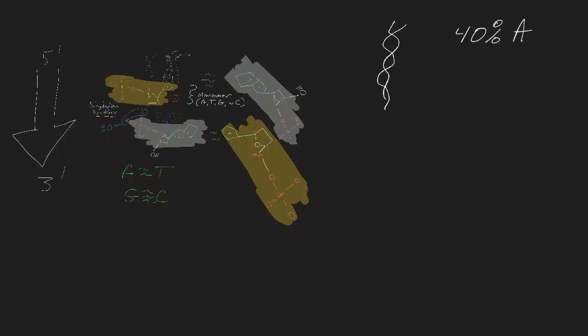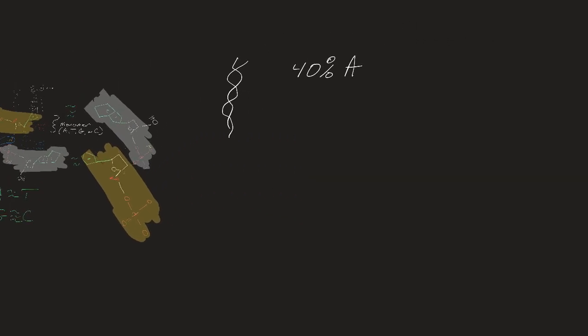If there's 40% A, what else do you know? 40% T, that is correct. And then 20% G and C. So 40% T, and then 10% G and 10% C, because you get 100%. Yes, that's correct.